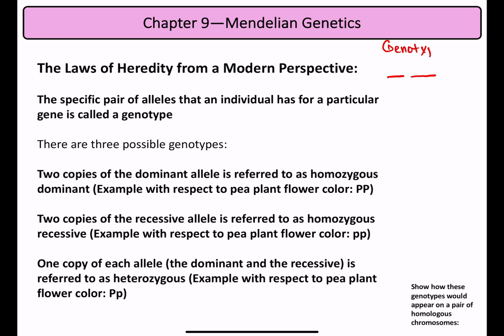That's just to say, what 2 alleles do you have? Now, in these simple examples here in Chapter 9, we're going to stick mostly with characters that are governed by a single gene where there's only 2 alleles out there. So that makes things easier. All right. Since you can only have 2 alleles, there's only a few genotypes that you could be. And I'm going to write those out.